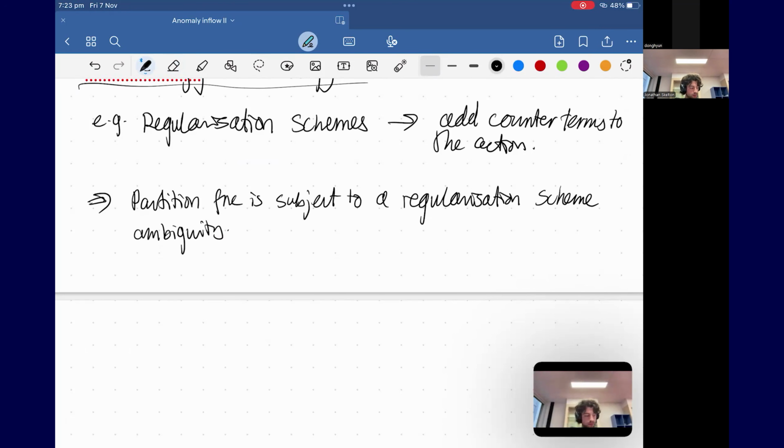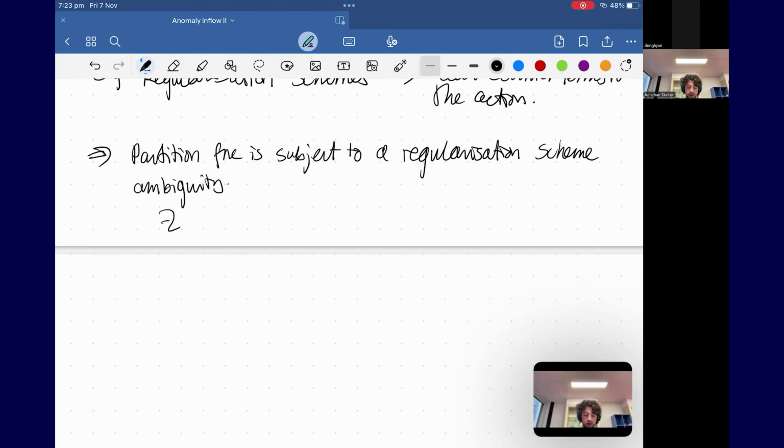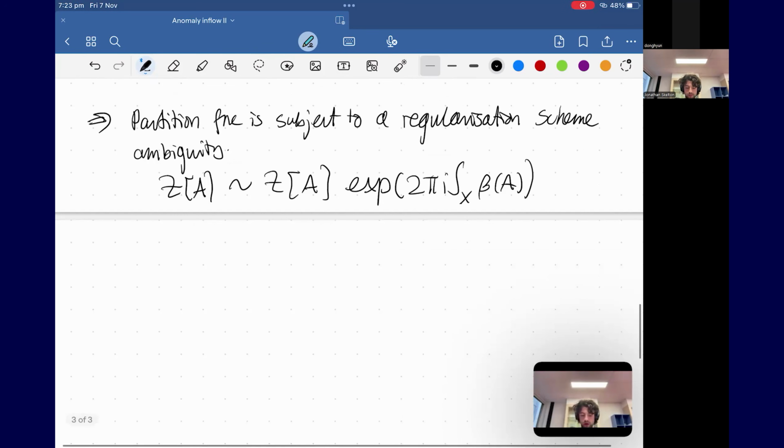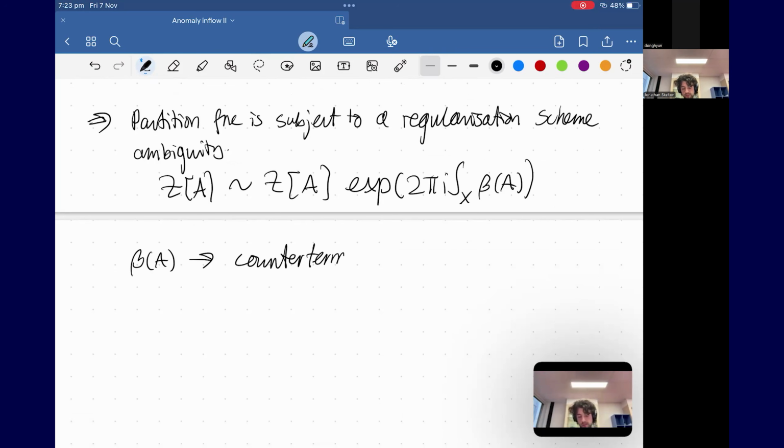In particular, it should be that Z_A is equivalent to Z_A times the exponential of 2 pi i times the integral over X of beta_A, where here beta_A corresponds to our counter terms that we add to the theory.